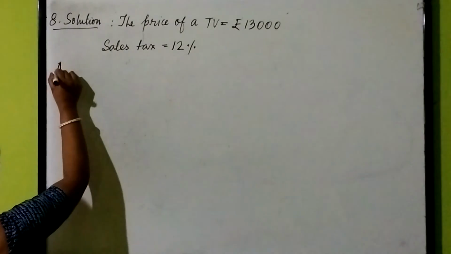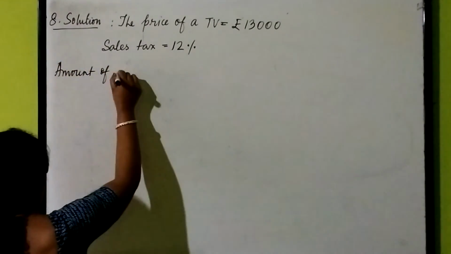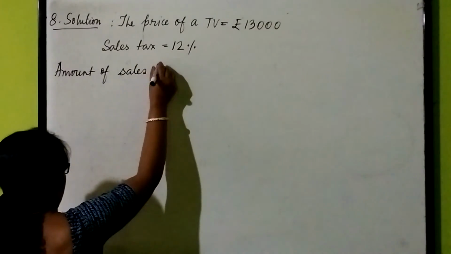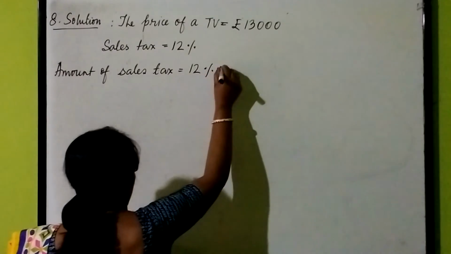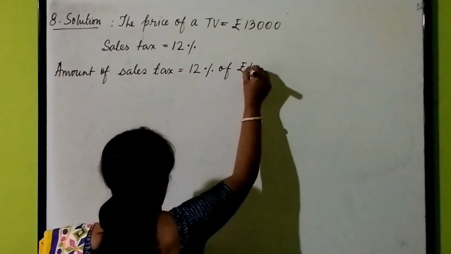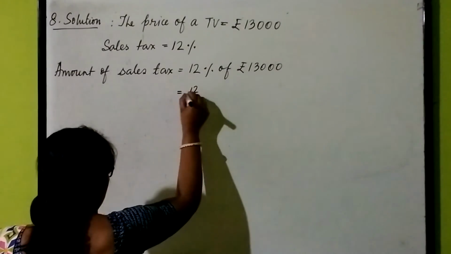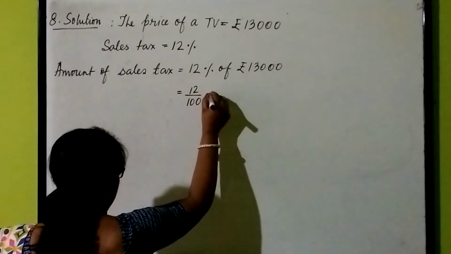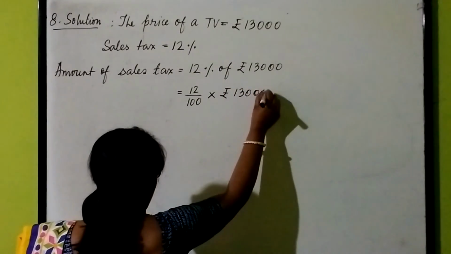Now, let us find out the amount of sales tax. Amount of sales tax is equal to 12% of rupees 13,000. Let us find out the value. 12% means 12 over 100 into rupees 13,000. Am I right?